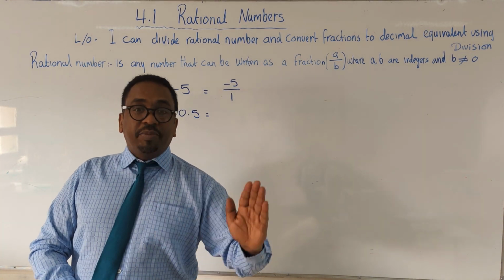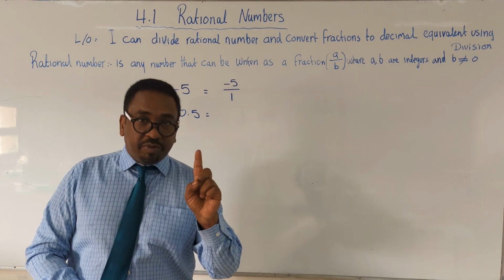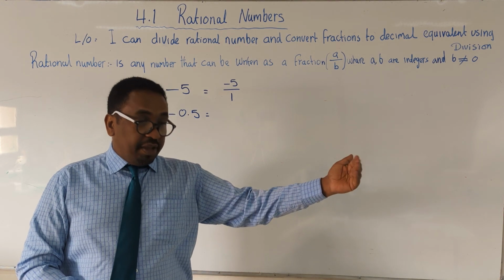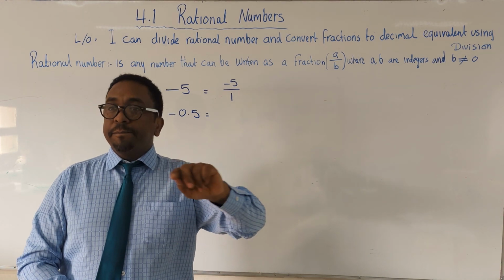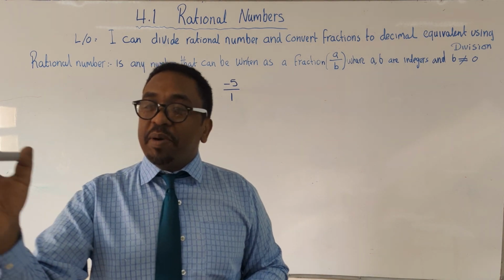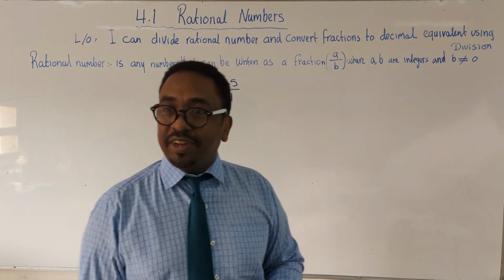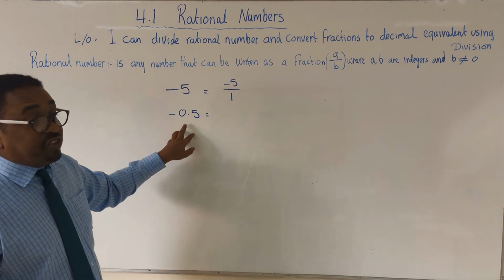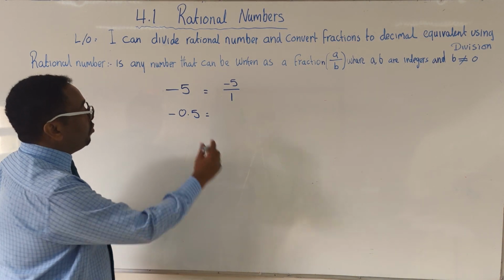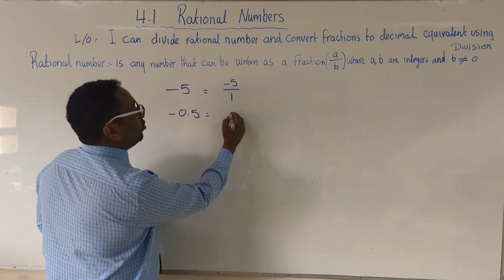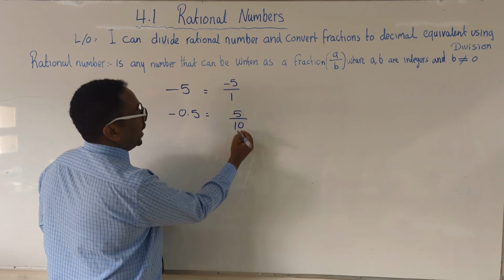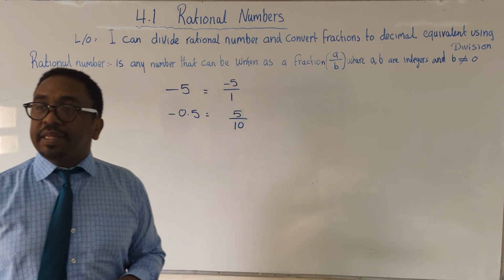You look at how many decimals there are. If it's 1 decimal, it's divided by 10. If it's 2 decimals, it's divided by 100. If it's 3 decimals, it's divided by what? 1000. Correct. Because it's 1 decimal, it means it's divided by 10. So if we change this into a fraction, this will become 5 over what? 10. Does that make sense?